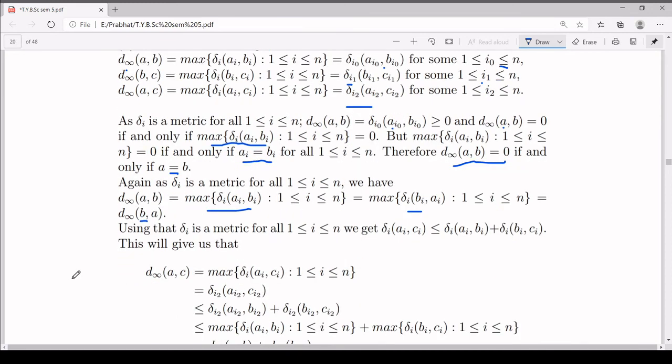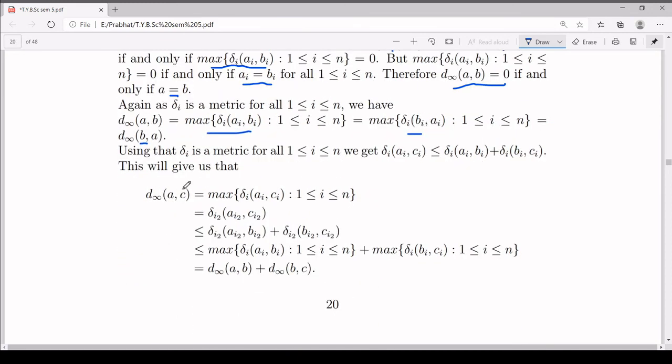Next, triangle inequality. Consider d infinity of AC. Again we will make use of the fact that each delta_i(a_i, c_i) is less than or equal to delta_i(a_i, b_i) plus delta_i(b_i, c_i) for all i, and this follows from the fact that each delta_i is a metric.